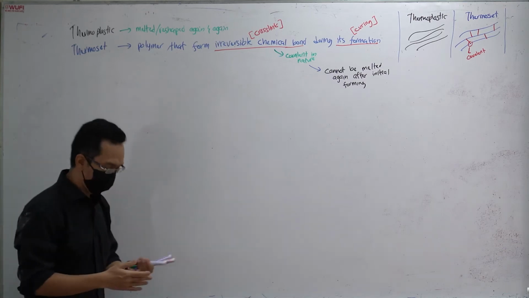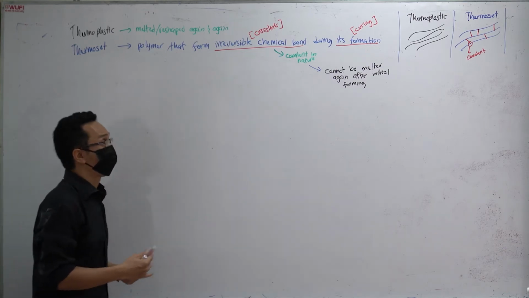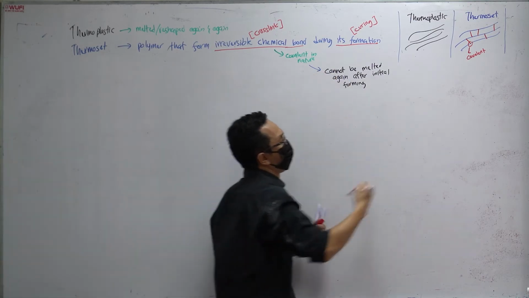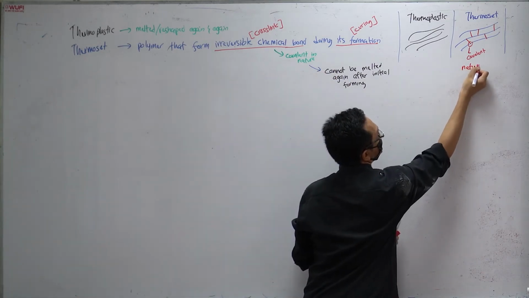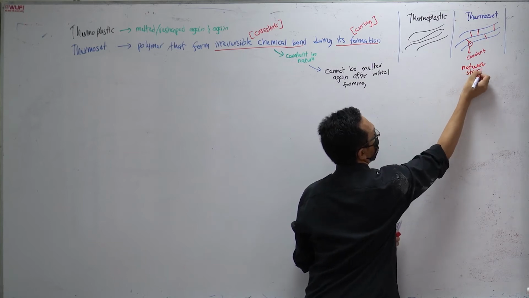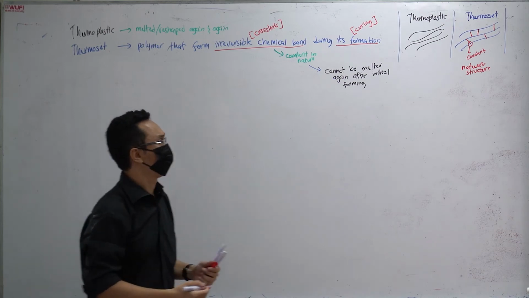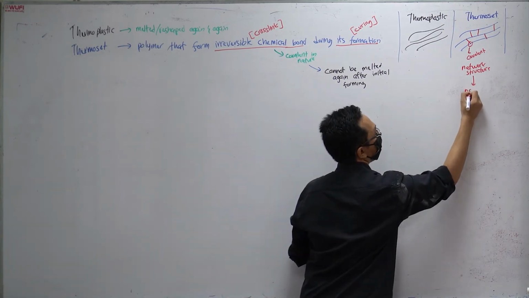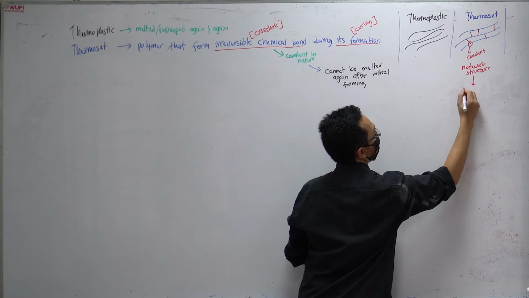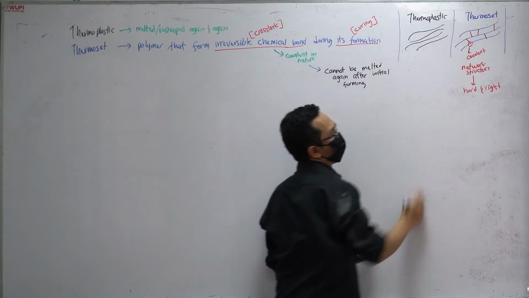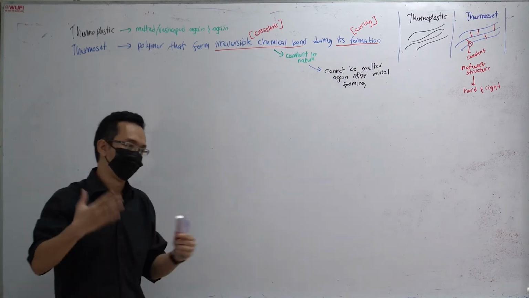And thermoset typically, because of this covalent bond and also this network structure, is hard and rigid, due to this network linkage and so on.